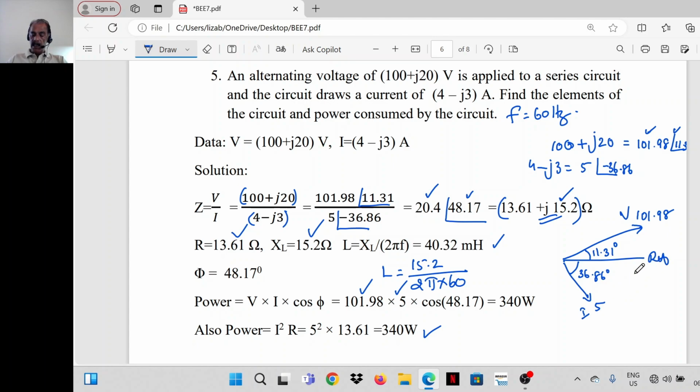The current is lagging the reference by 36.86 degrees. So the angle between voltage and current is 36.86 plus 11.31, that is 48.17. Power is 101.98 into 5 into cos 48.17. Again we get 340 watts.